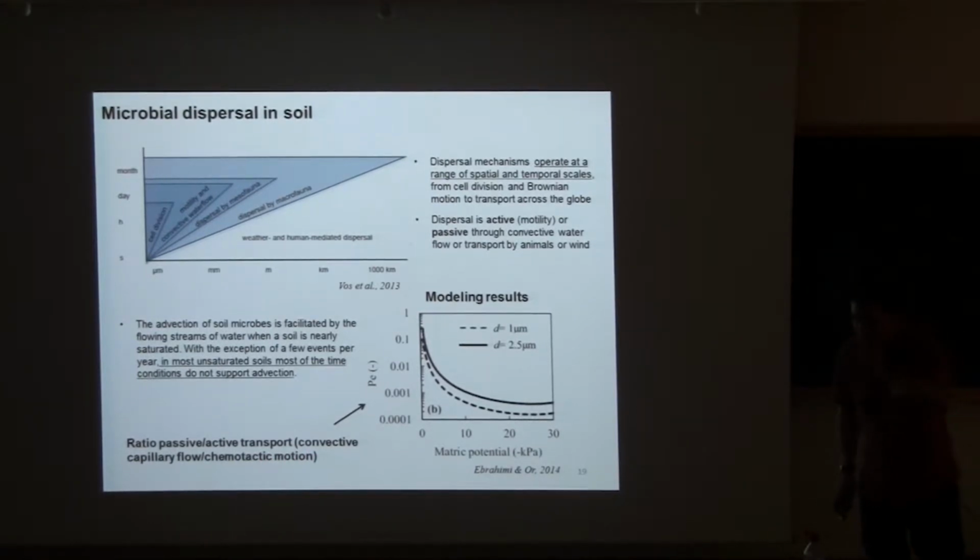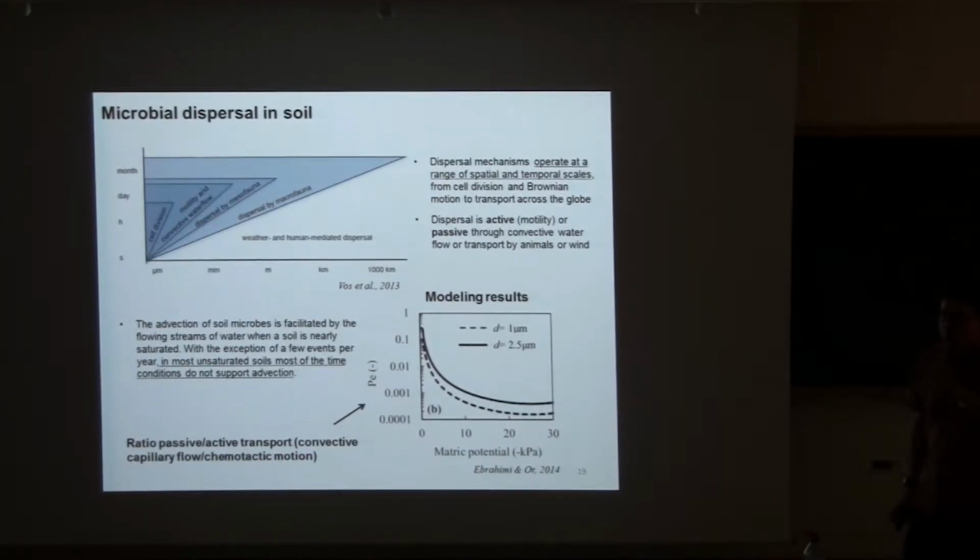Chemotactic motion is just to say that the bacteria do not move randomly, but they are attracted, for example, by a certain source of nutrients, and they direct their movement towards a gradient. He did that for 2 diameters of cells, 1 micrometer or 2.5 micrometer. And what you see is that as a function of matric potential, very rapidly, this ratio becomes very, very small. That means that it's dominated by the chemotactic motion. So it's important to say that this is when the soil is unsaturated.